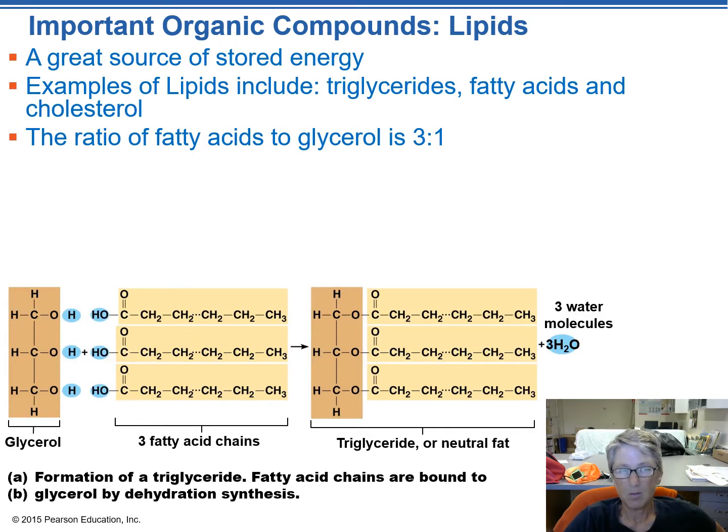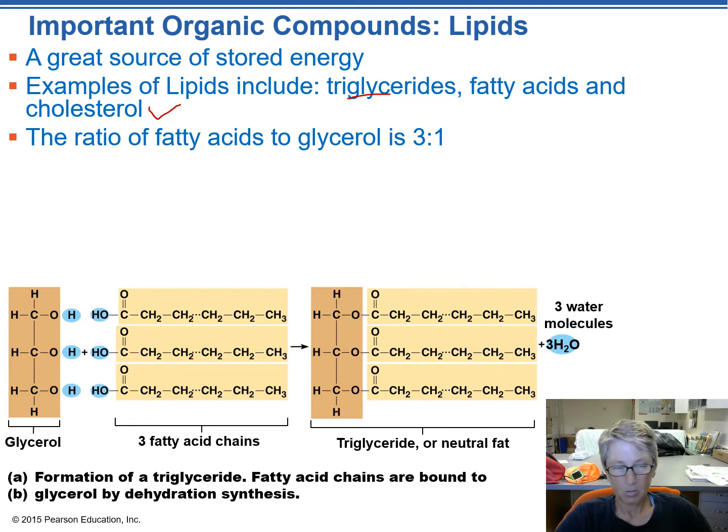How about lipids? As you know, fat, or lipids, is a great source of storing energy. Examples of lipids would include triglycerides, fatty acids, cholesterol, delicious cholesterol. The ratio of fatty acids to glycerol in a triglyceride, this cartoon down here, is 3 to 1.